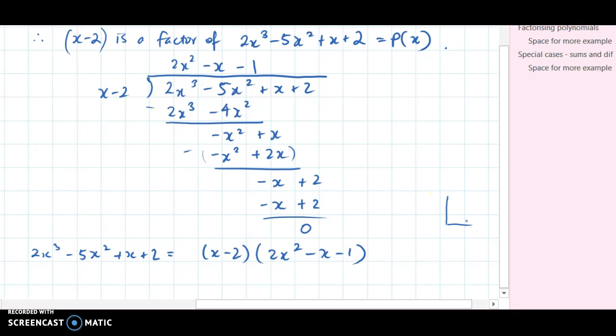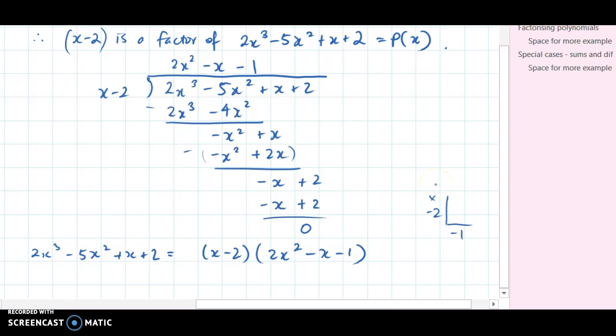So I go, 2 numbers that times to give minus 2 and add to minus 1. And using the L method, we know that there are no 2 numbers that times to minus 2 and add to minus 1.